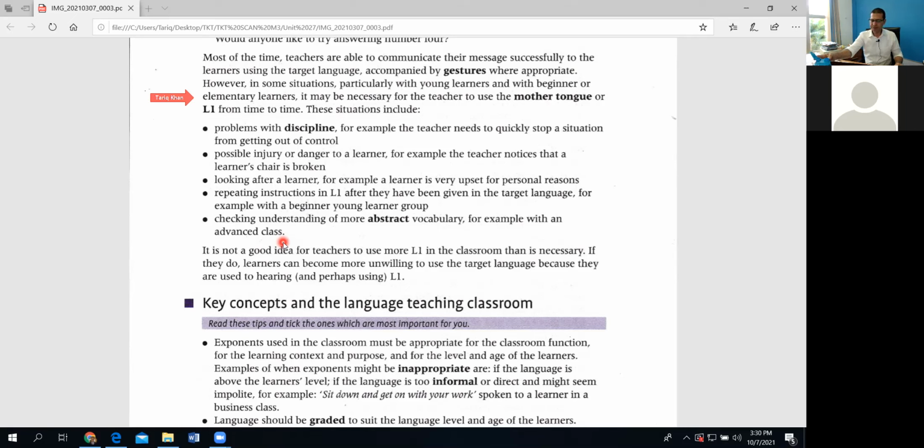Is this clear? This is the area you have to note down: what are the conditions in which you are supposed to use the mother language?